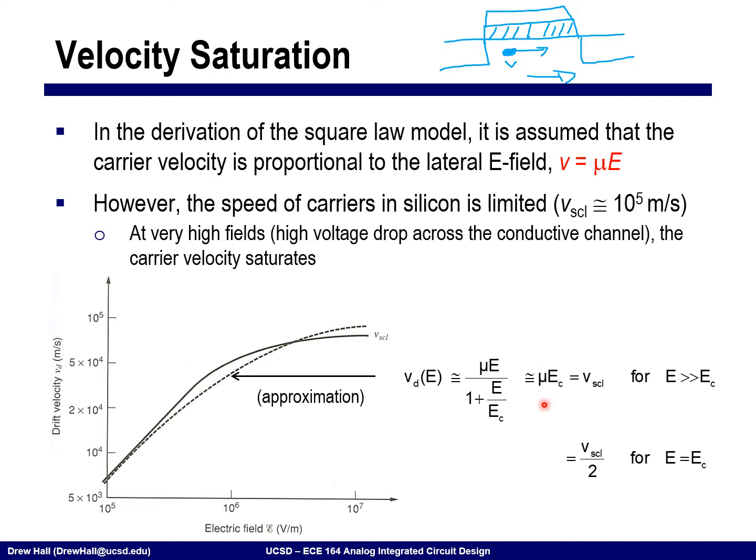And so the way to model this is that we can write the velocity as a function of the electric field, which is mu E divided by 1 plus E divided by EC, where EC is the critical electric field that we can't go past. And so when we get to velocity saturation, it's this critical electric field that will limit how fast we can go, which eventually saturates and plateaus at the short channel length velocity saturation value when E is greater than the critical field.